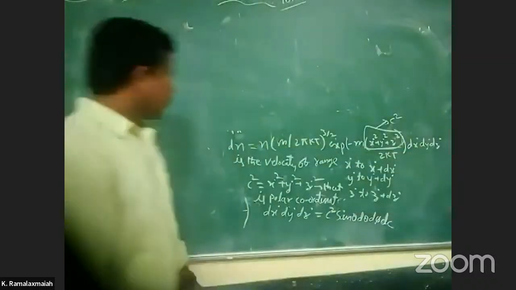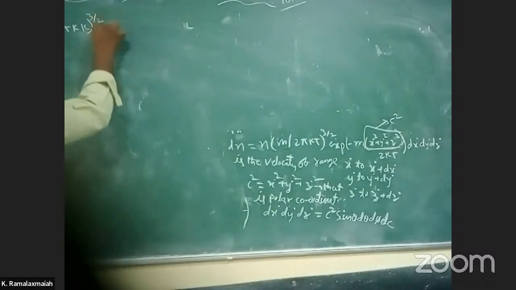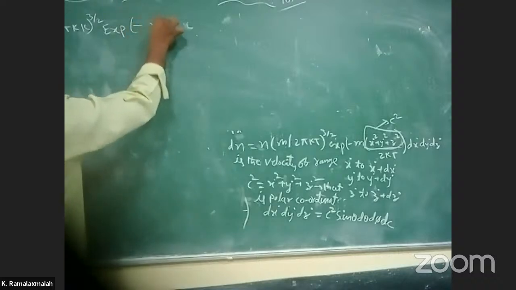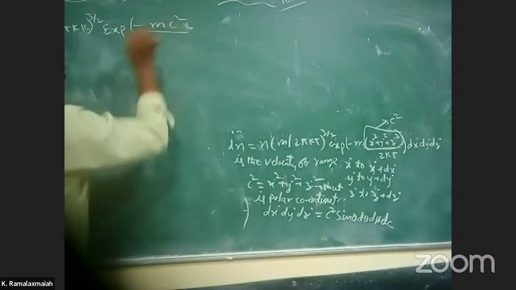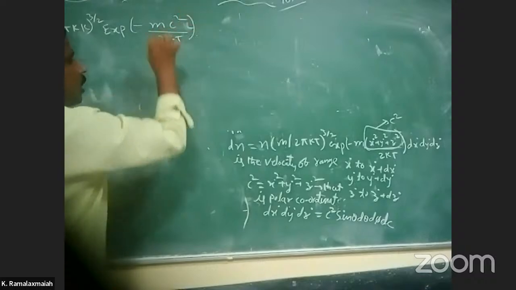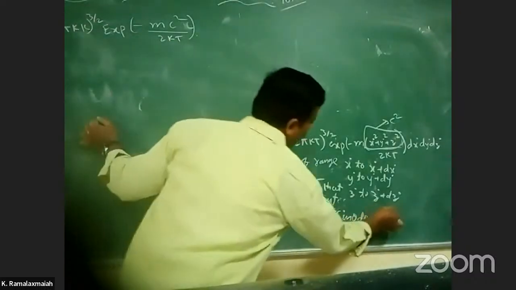Next, dn is equal to n into (m by 2 pi kt) power of 3 by 2, exponential of minus mc square by 2 kt, dx dot dy dot dz dot is equal to what?